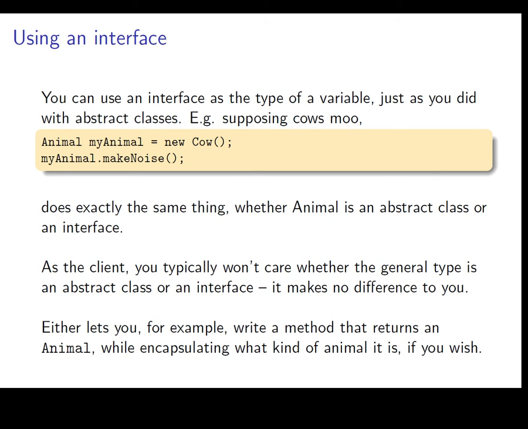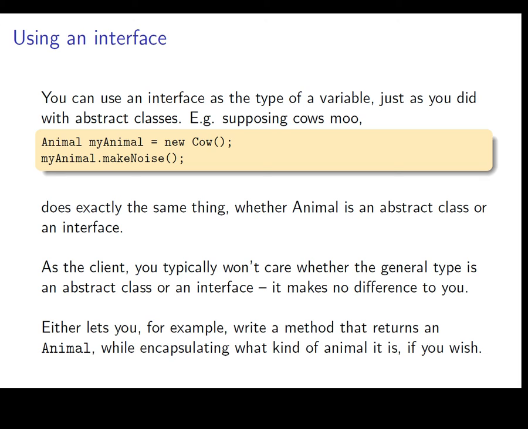And then we can use that variable to send messages to. For example, we can send it the makeNoise message, and the actual implementation of makeNoise that gets executed depends on the runtime type of myAnimal. In our case here, the result of sending makeNoise to myAnimal will be to moo.